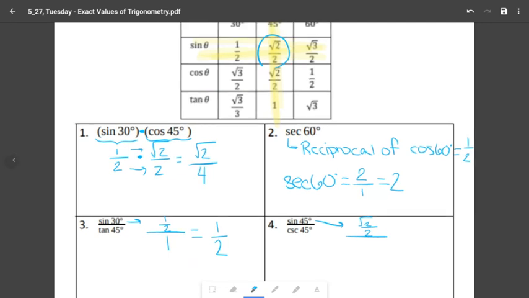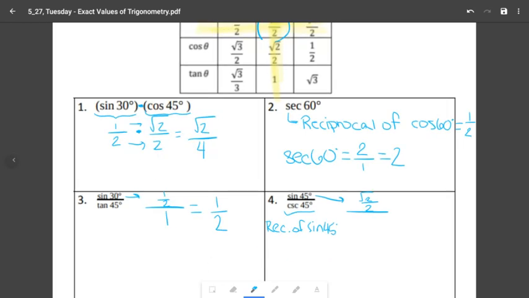Now, cosecant 45, cosecant, remember, is the reciprocal of sine. So sine 45 is radical 2 over 2. We just found that for the top. So the reciprocal of that to get cosecant would be 2 over radical 2.